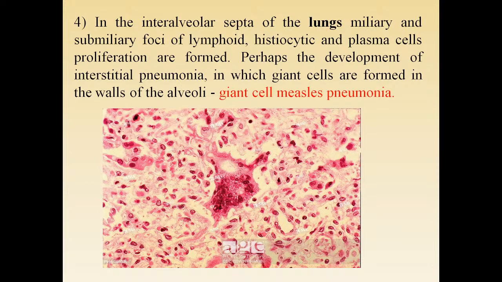This forms interstitial pneumonia, and giant cells appear: measles pneumonia. In histology, accumulations of giant cells are seen in the lung.